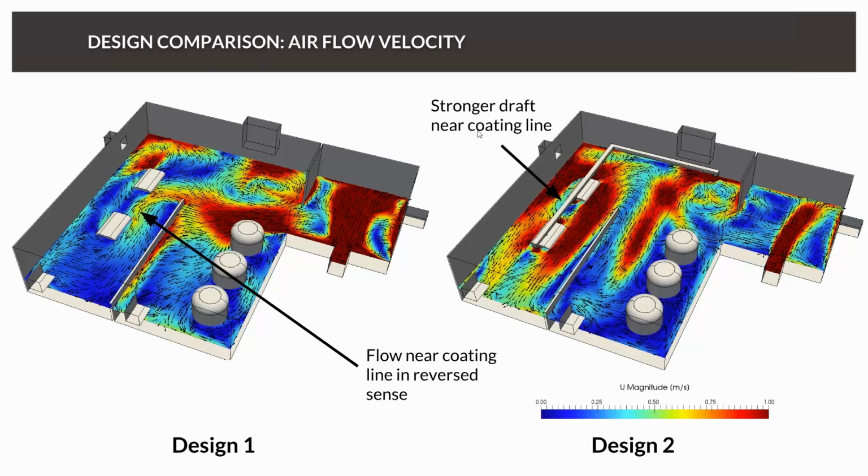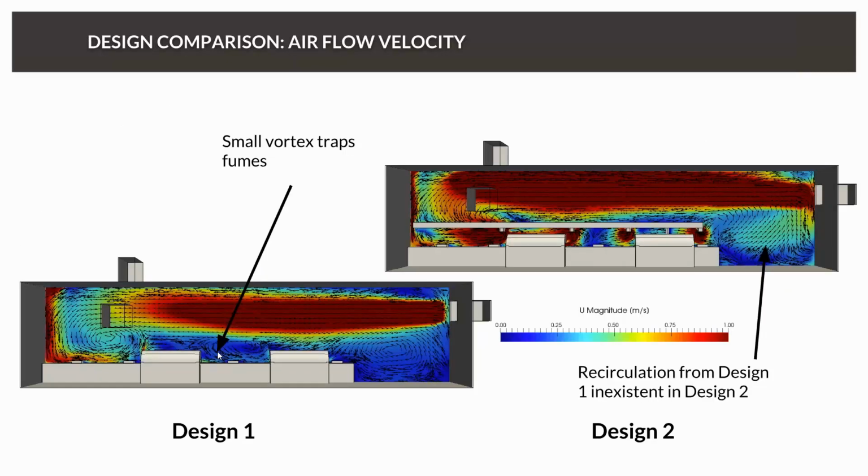Now let's just compare it again, and you can really see, and that's the great thing about CFD, how small changes make a big difference. So now we have the draft where we want it to be, near the coating station, and the big recirculation we had here is not existent anymore.